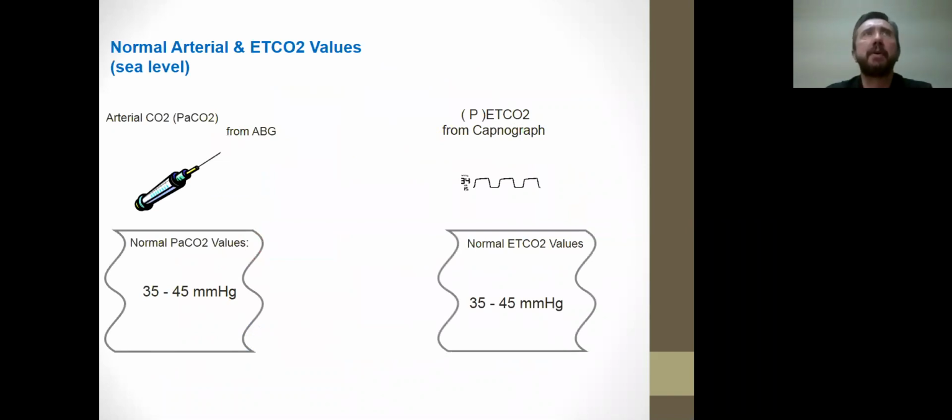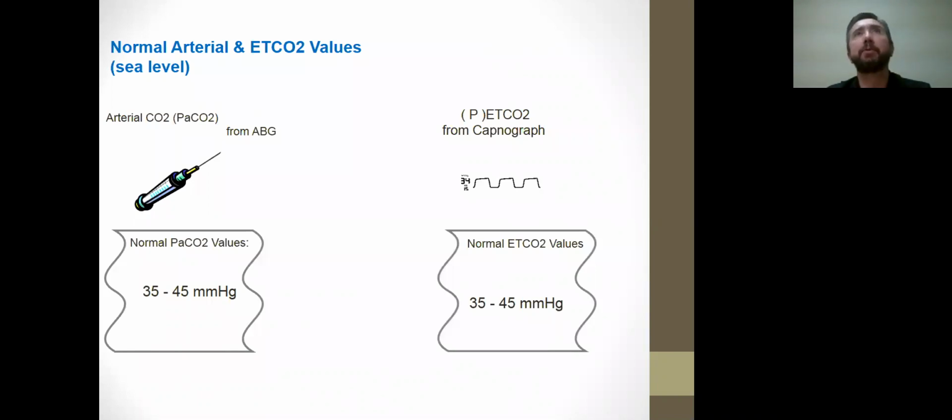Now let's move on to the arterial and end-tidal CO2 values. The PaCO2 is the partial pressure of carbon dioxide in arterial blood. It's measured by drawing an ABG, which also measures the arterial pH. It's the partial pressure that's in the alveoli.